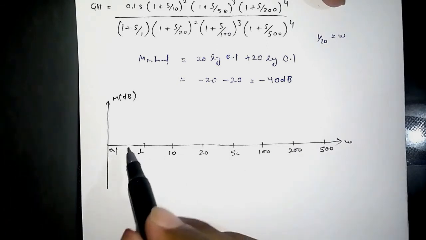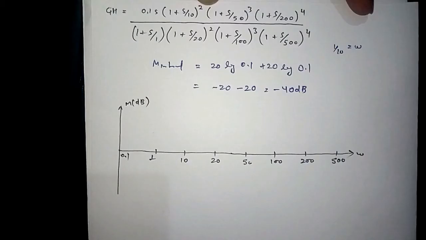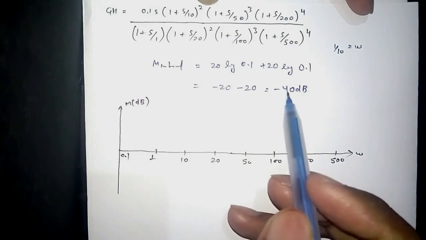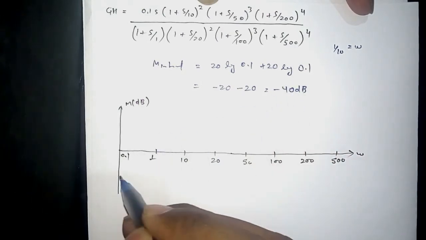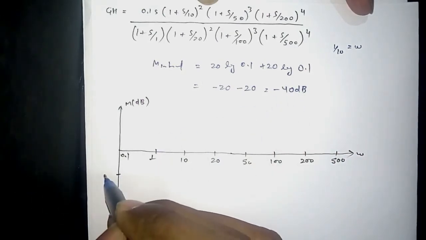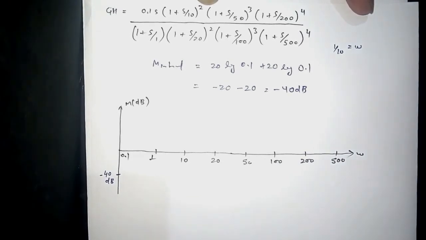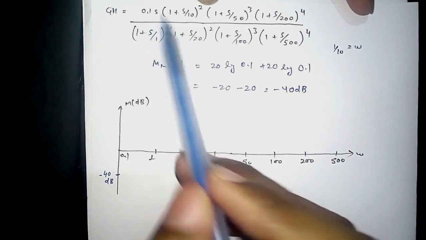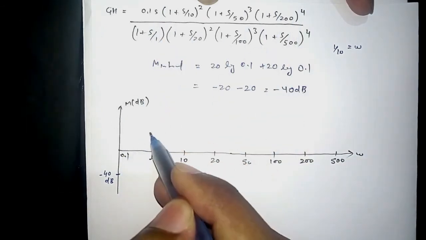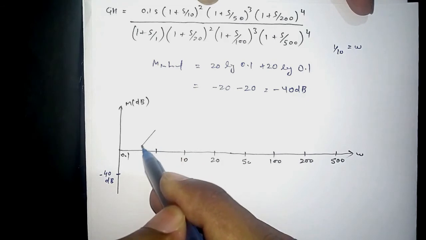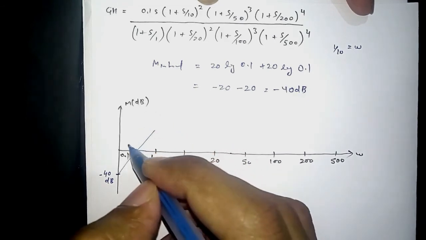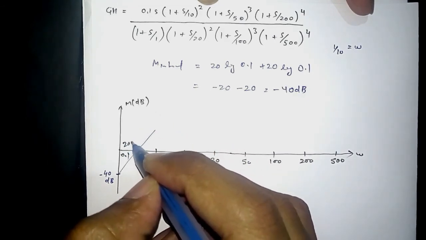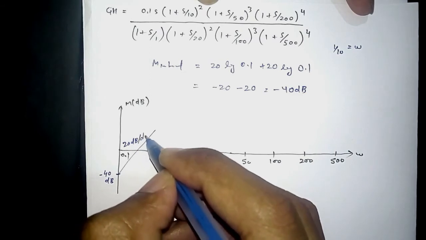So these are the corner frequencies we have written here. The magnitude initial is minus 40 dB, so let's say this is minus 40 dB here. Then we have one zero at the origin, so we have 20 dB per decade of slope.